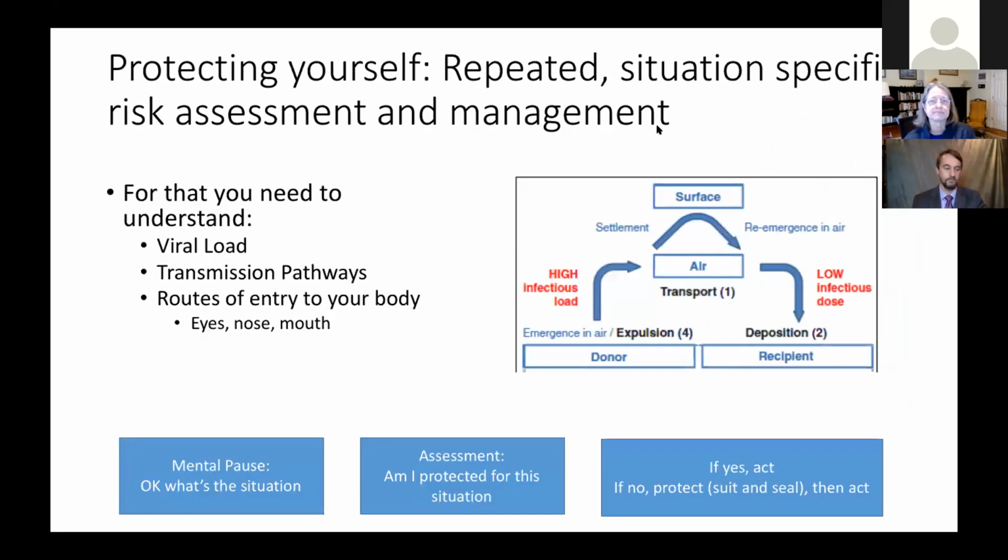Next. So how do you protect yourself given this information? Well, protecting yourself is repeated situation-specific risk assessment and management. It is something that I expect for many of you has become a new habit. One of the pulmonary critical care fellows, who's very much on the front lines, said, you know, I always kind of popped on the respirator, but I never really thought about it.